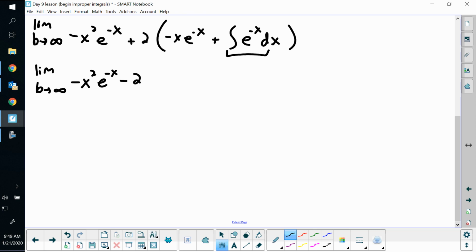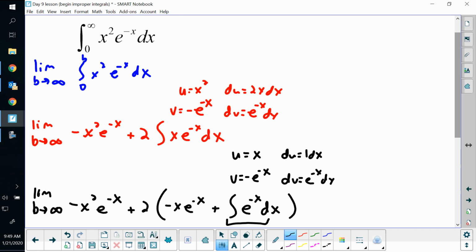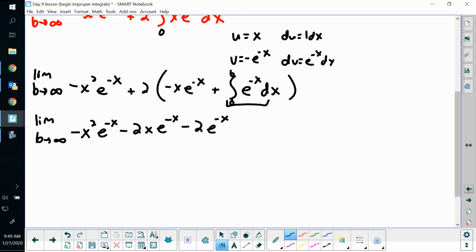So I have minus 2x e to the negative x, and we'll have minus 2e to the negative x. And if we go back, I forgot to carry down our bounds each time. Sorry about that. So we'd have 0 and b here, we'd have 0 and b. So this needs to still be evaluated from 0 to b.